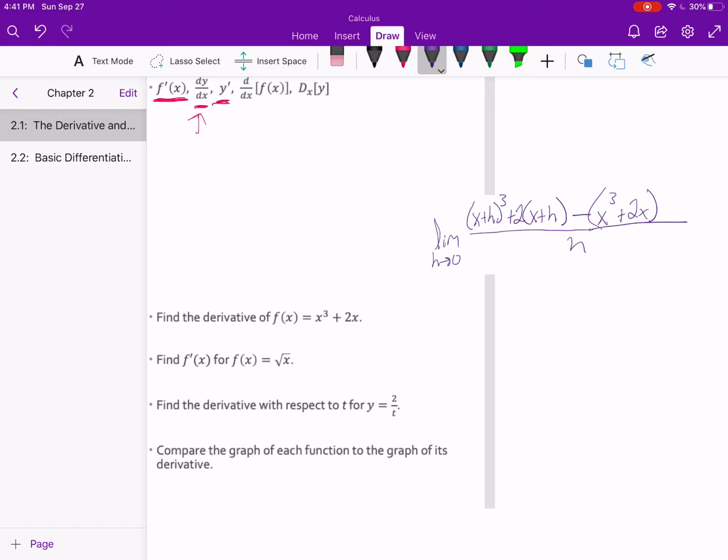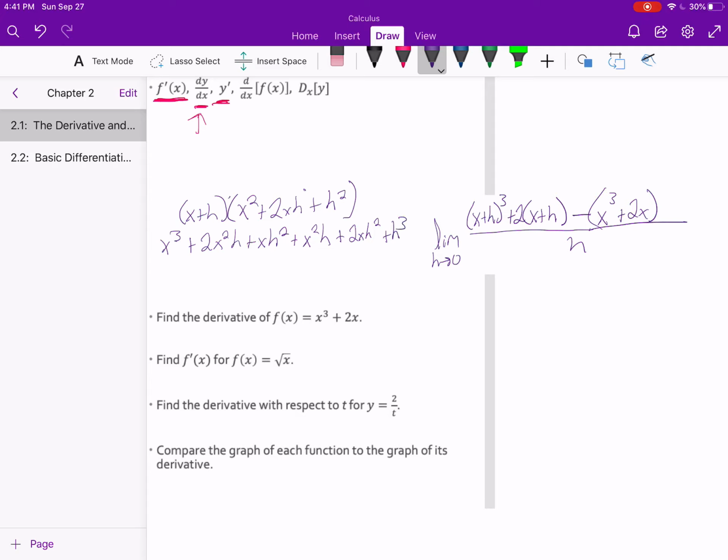So remember, (x plus h) cubed, we can do that over here: x plus h, and then we're going to have x squared plus 2xh plus h squared. So if we FOIL, we have an x cubed plus 2x squared h plus xh squared plus x squared h plus 2xh squared plus h cubed.